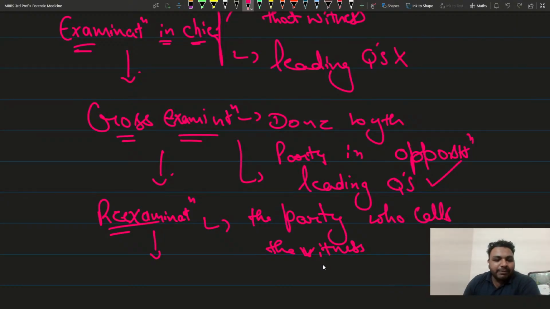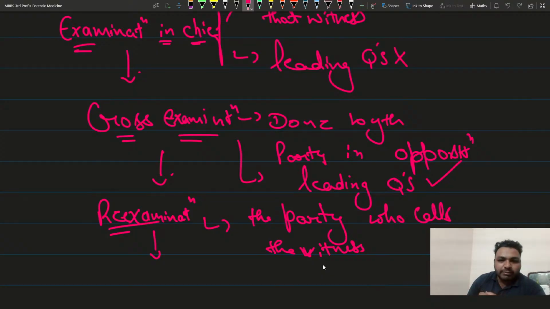The main aim is that in cross-examination there can be something which could have misled, created some issue or misunderstanding. So re-examination is basically done to straighten those facts out.